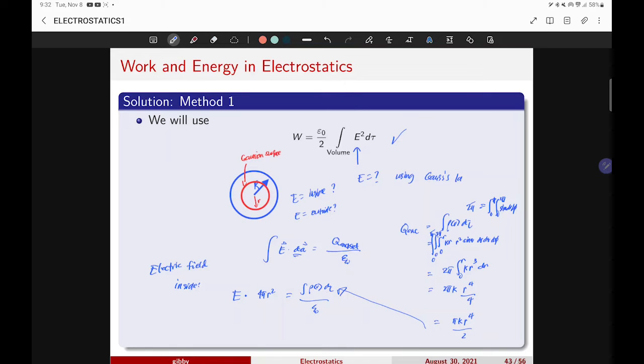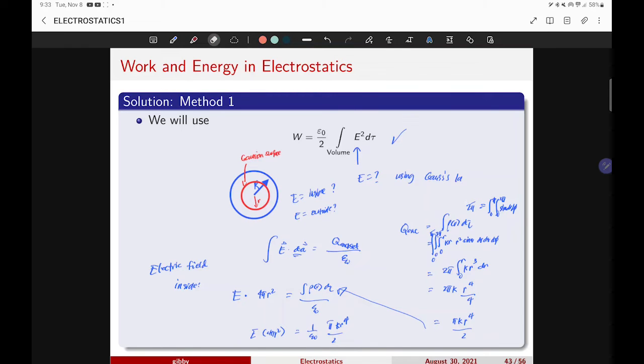So that becomes E times 4 pi r squared equals 1 over epsilon naught times pi k r to the 4th over 2. Okay? I hope I did not make a mistake in the calculation. Oh, one minor correction.